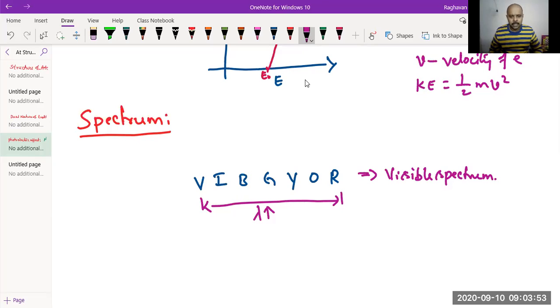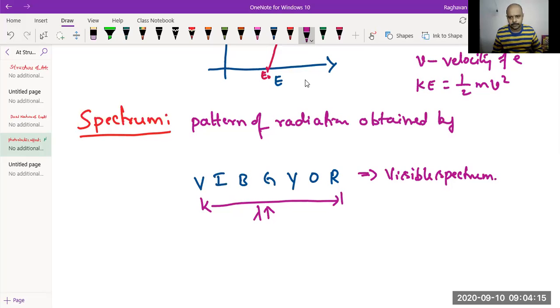Is that okay? Now, we give the definition like this: the pattern of radiations obtained by arranging different radiations in the increasing order of their wavelength.